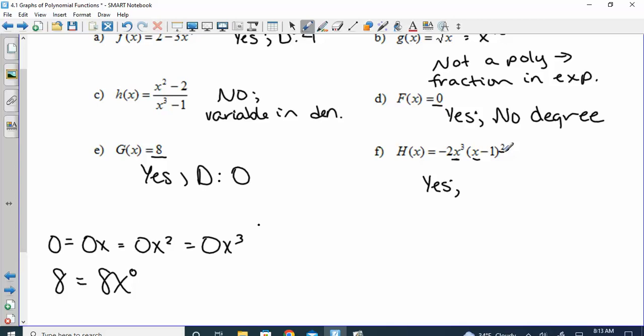This would end up with 2 of them. So altogether, that gives us 5 x's. So when they're adding and subtracting, you just look for the highest one. If it's multiplying, you have to think about, if I multiply this all out, what would be the total number of x's? Everybody okay with me so far?